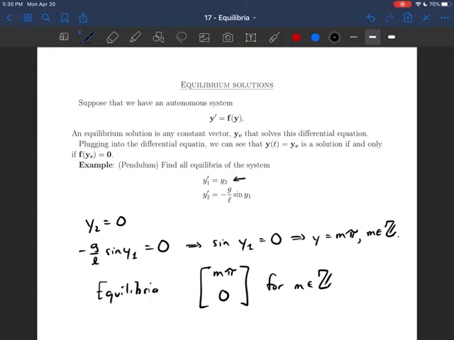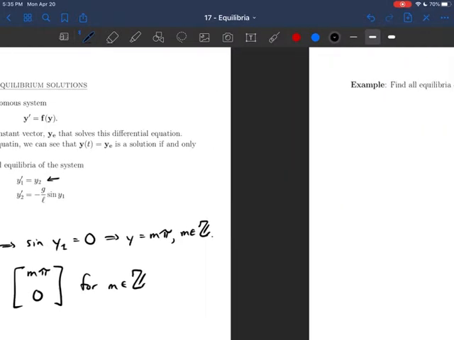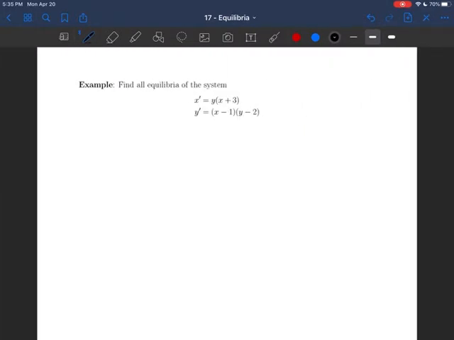And then the other ones, pi, plus or minus 3 pi, plus or minus 5 pi, all the odd multiples of pi would be equivalent to the pendulum sticking straight up in the air. And those are both equilibrium solutions, although they behave differently if they get disturbed a little bit. If it's at the top and you disturb it a little bit, it's going to fall. If it's at the bottom and you disturb it a little bit, it's going to stay pretty close to where it was to begin with. We're going to be getting into that idea of stability in the near future.